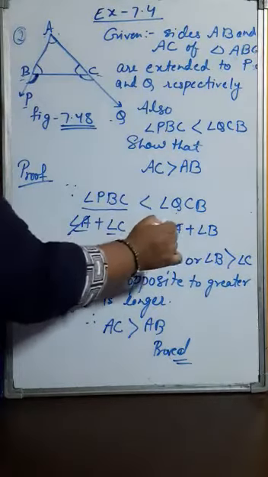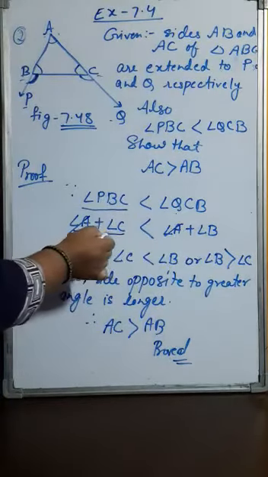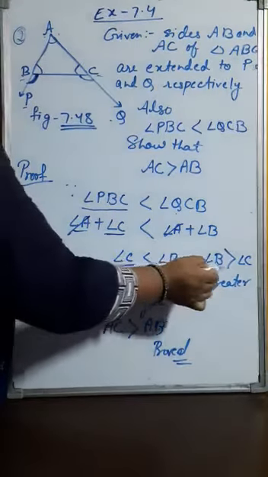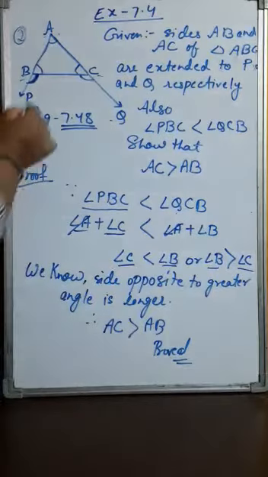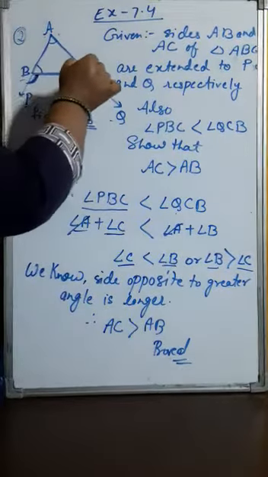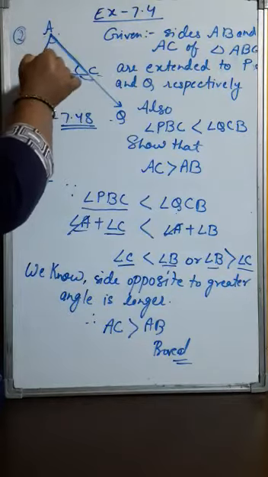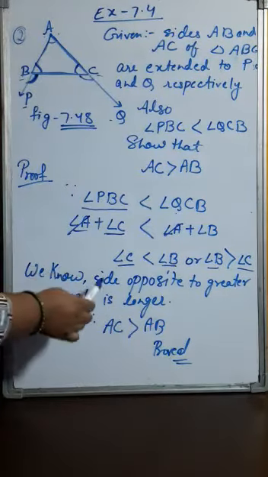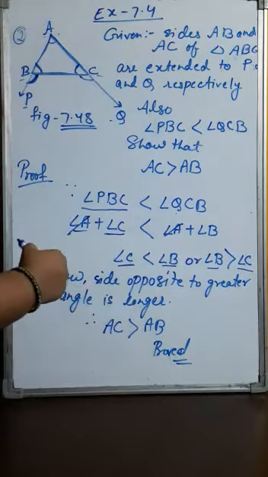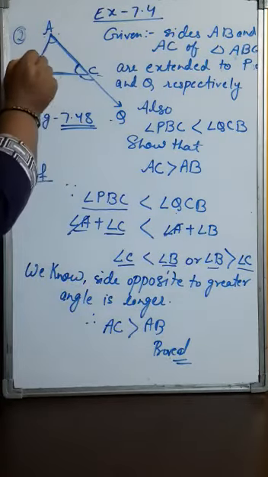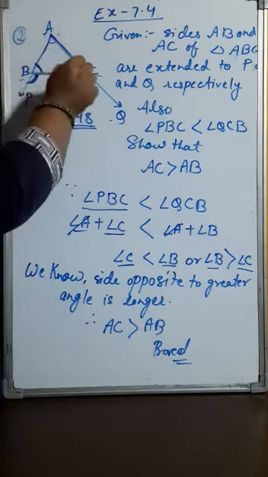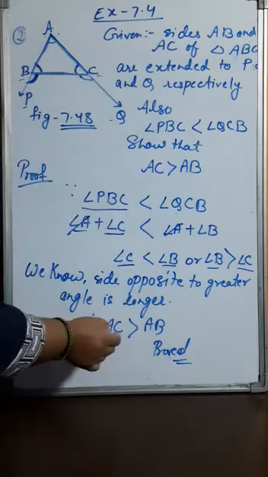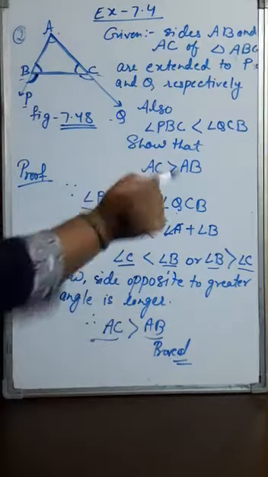From both sides we can cancel angle A. So we are left with angle C less than angle B, or angle B is greater than angle C. So in triangle ABC, we got angle B greater than angle C. We have studied in a theorem that the side opposite to the greater angle is longer. So angle B is greater, the side opposite to angle B is AC, and the side opposite to angle C is AB. So AC is greater than AB, which we had to prove.